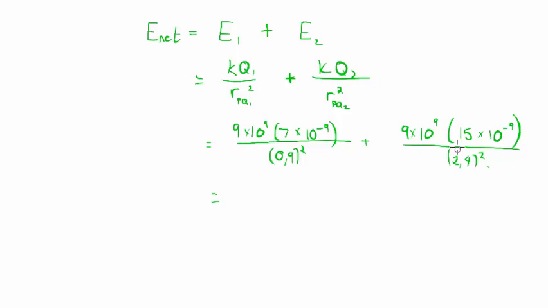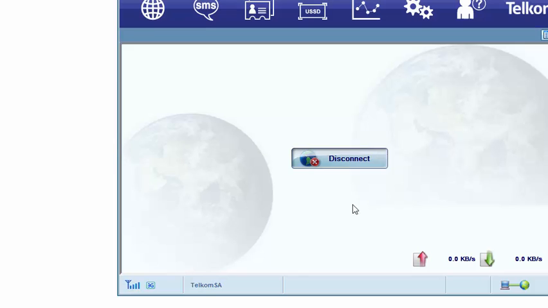Notice again, I've already considered what the positive and the negative do, and I just find it easier to do it that way. And in the end, whatever answer you get, remember this is a vector value, so it's Newton per Coulomb towards Q1. You would lose a mark if you don't put that, because it's a vector quantity. We have to give our direction.